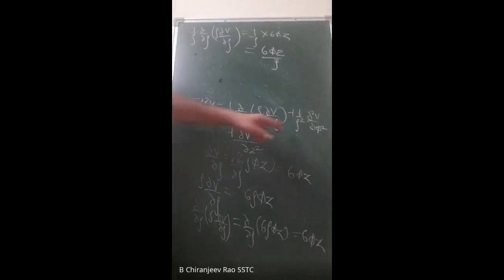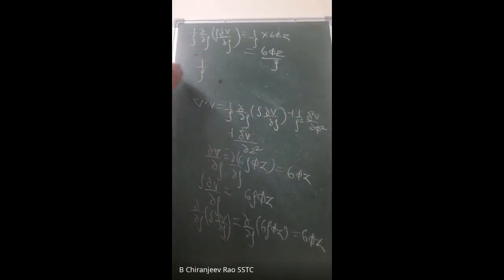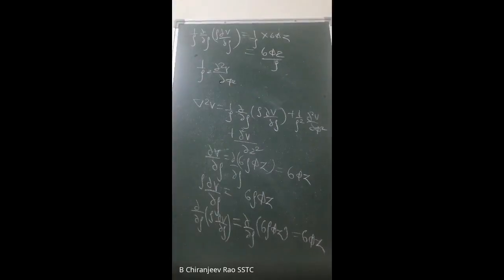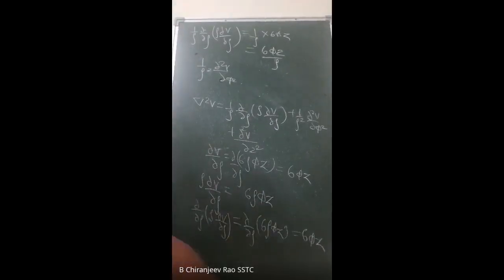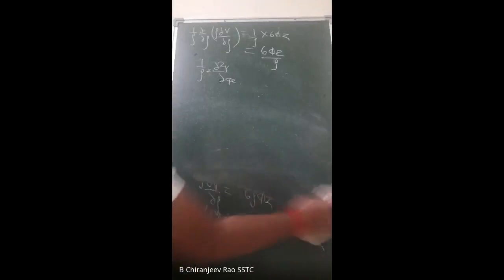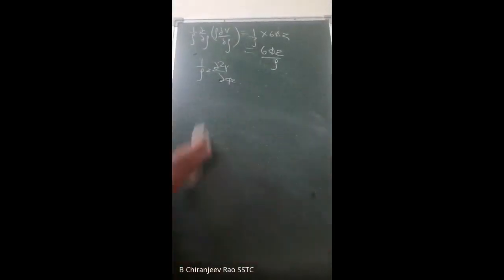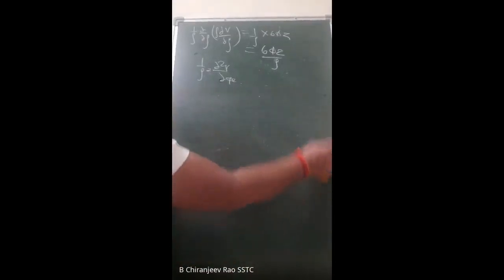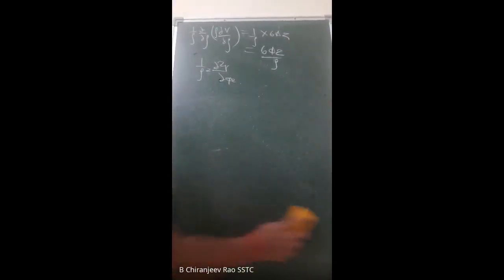Okay. Then what we want to find is 1 upon rho square del square V by del phi square. Again we will find first del V by del phi, and then del square V by del phi square.